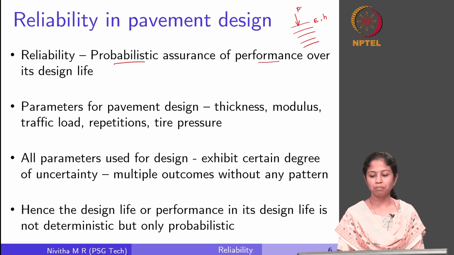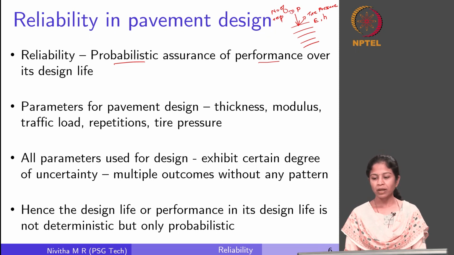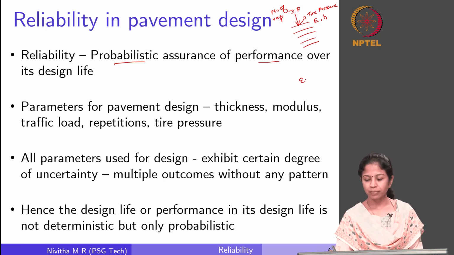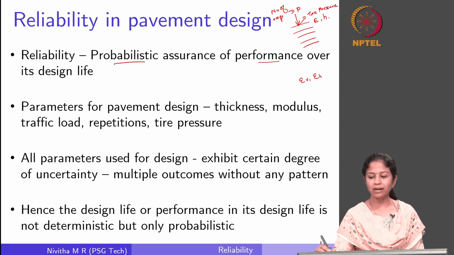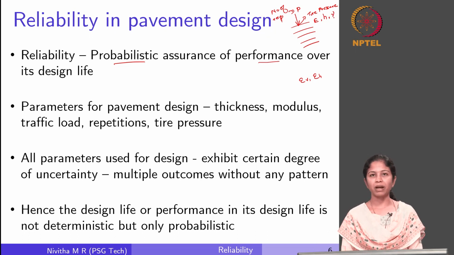So, we have a load parameter, and then we also have the tire pressure, and then we have the number of repetitions of this load value, right. These are some parameters which we typically use to compute our critical strain values, right. So, in IRC 37 design procedure, we also use a Poisson's ratio value, right. So, these are the input parameters.